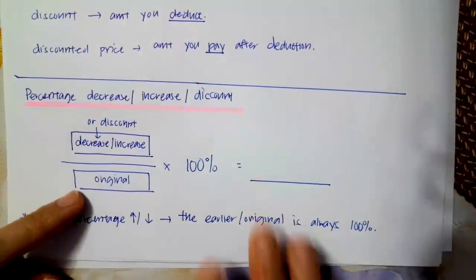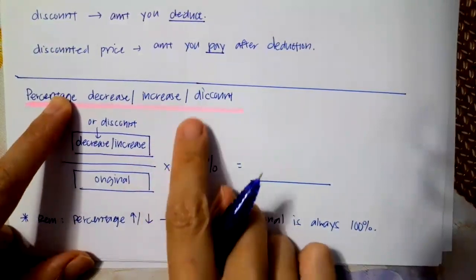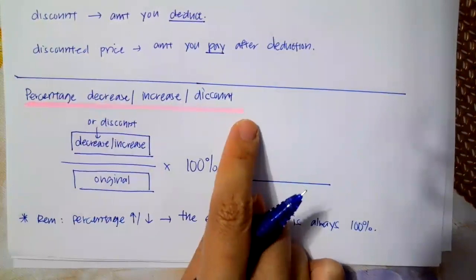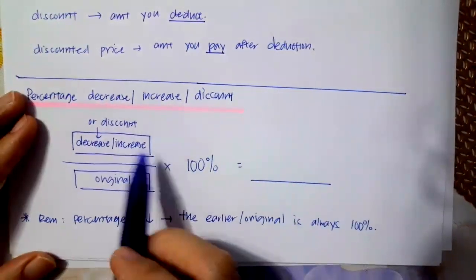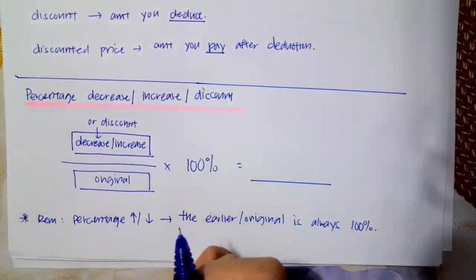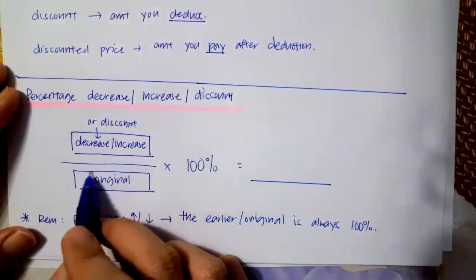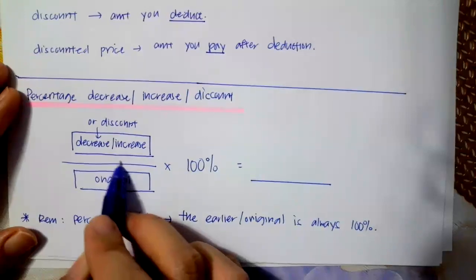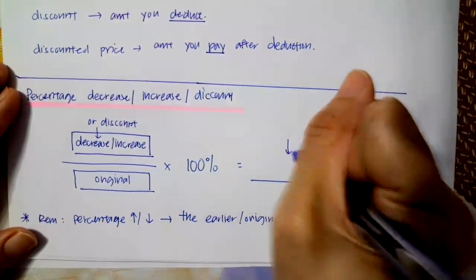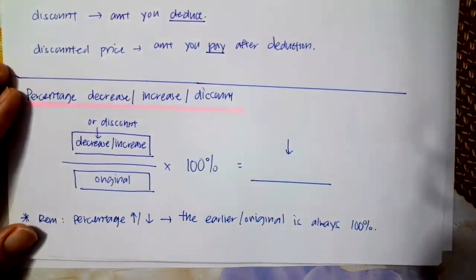All right, next. This is what we learned in P6: percentage decrease, percentage increase, percentage discount. So they use the same formula. The numerator is my decrease, increase, or the discount, or simply just the difference. And then the denominator is always my original. Then you just times 100%, you will get the percentage decrease, the percentage increase, or the discount.